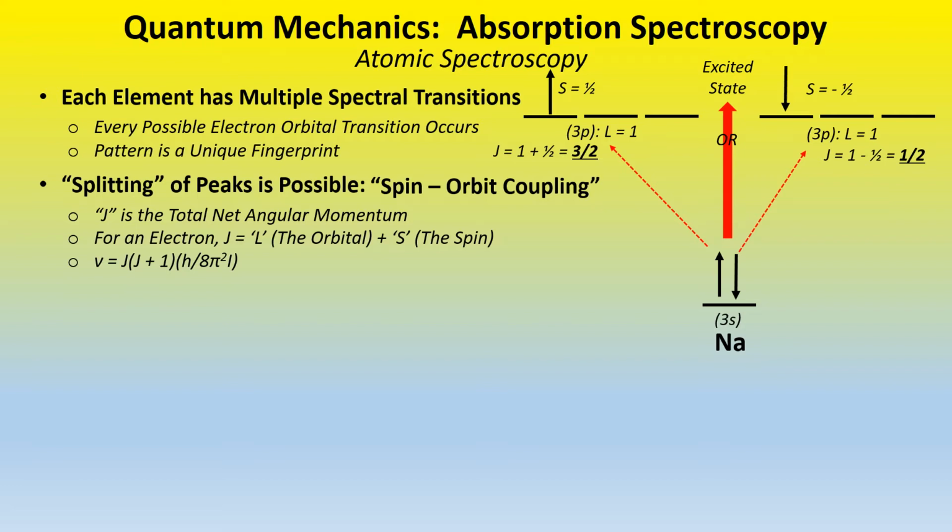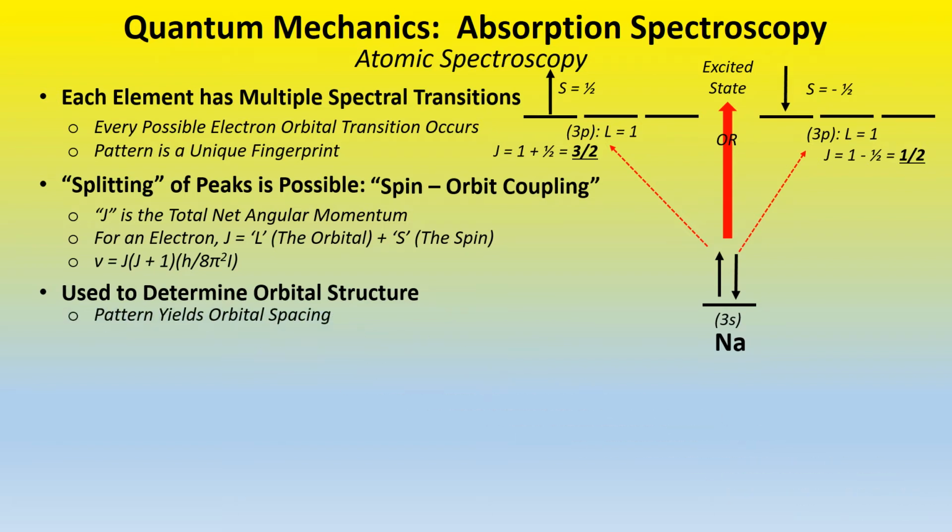Atomic spectroscopy is used to determine orbital structure. The pattern of the absorbance or emission spectra gives orbital spacing in terms of energy, and the splitting gives the electronic configuration.